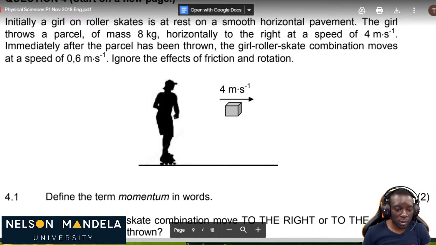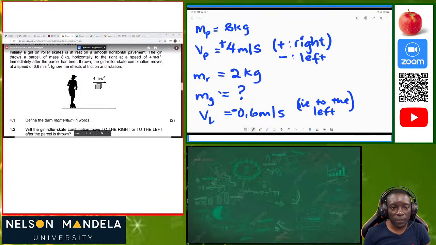So I was just putting together the information. I'm gonna remove this. So the information that we've got: the mass of the parcel is 8 kgs, the velocity is 4 meters per second to the right, so we've assigned the positive sign for directions to the right. The mass of the roller skates, we're told, is 2 kg.